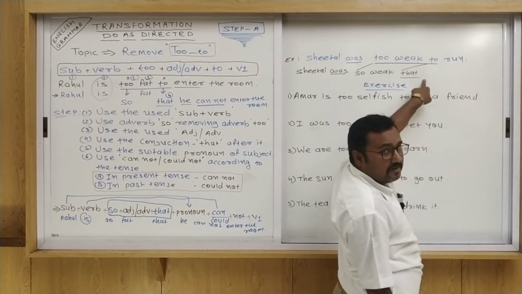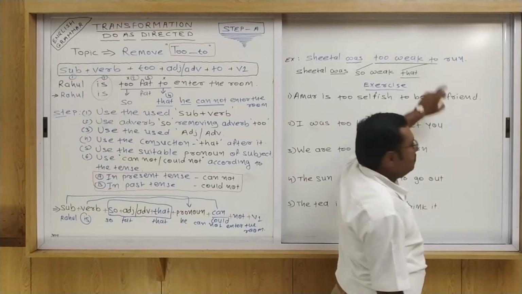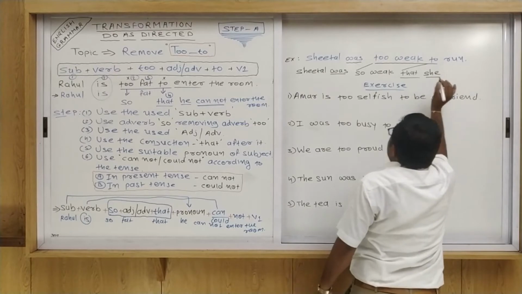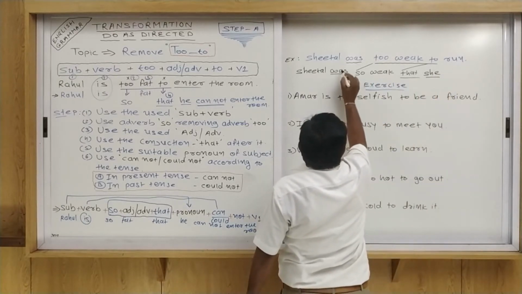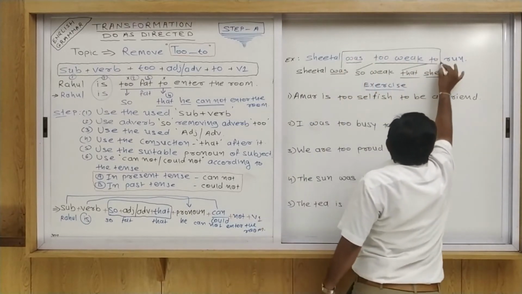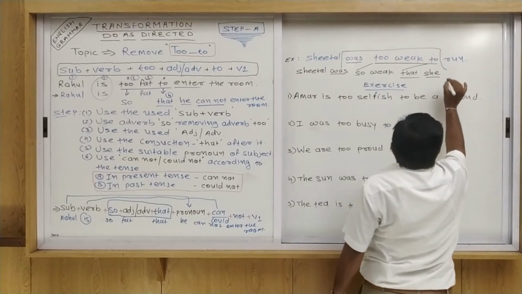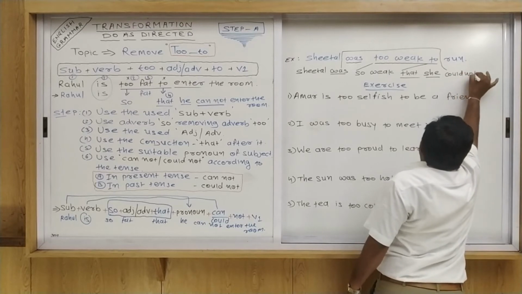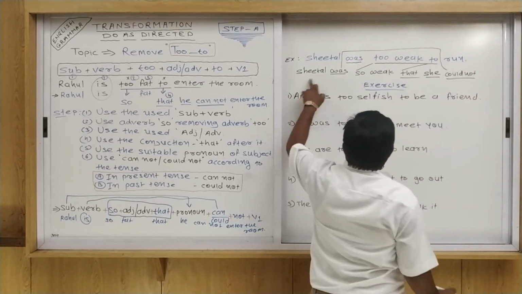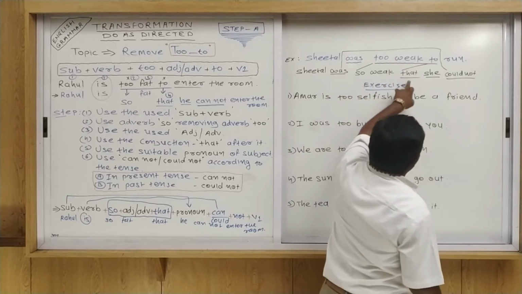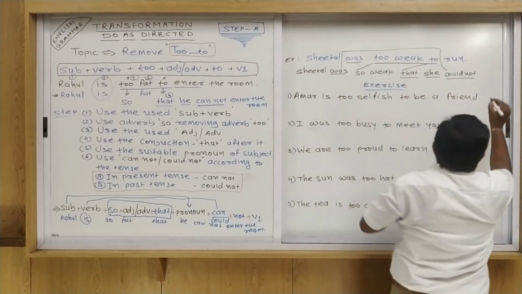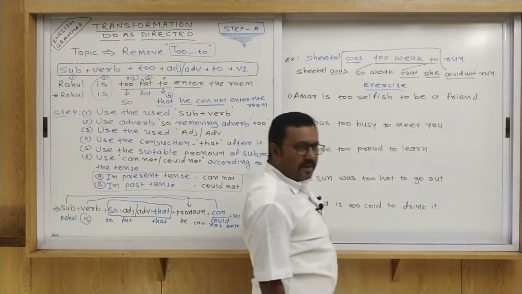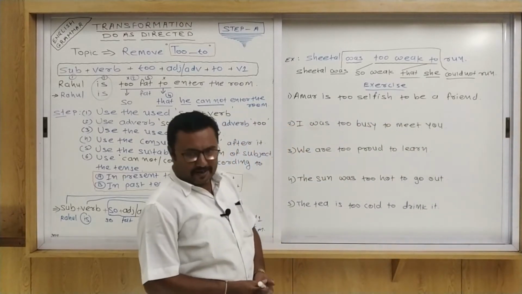Sheetal is female, so 'she'. Now see that 'was' is used here. Which tense is 'was'? Past tense. So we write 'could not'. Sheetal was so weak that she could not run. It's a very easy topic.